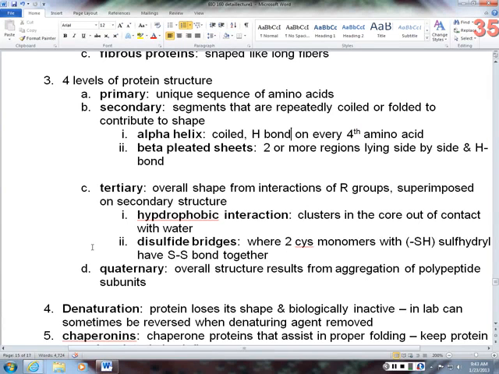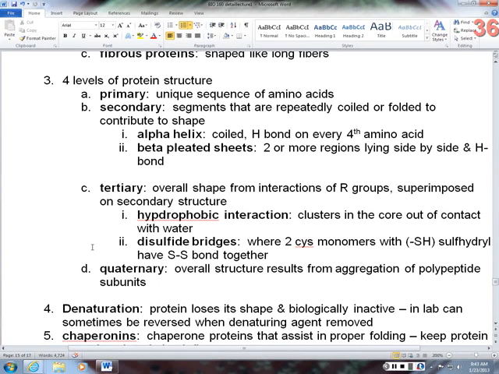That's important because those are really strong bonds that will make stronger structures. So any idea what you might have in your body that's going to have a lot of disulfide bridges? Fingernails and hair. Disulfide bridges help give those a lot of strength.